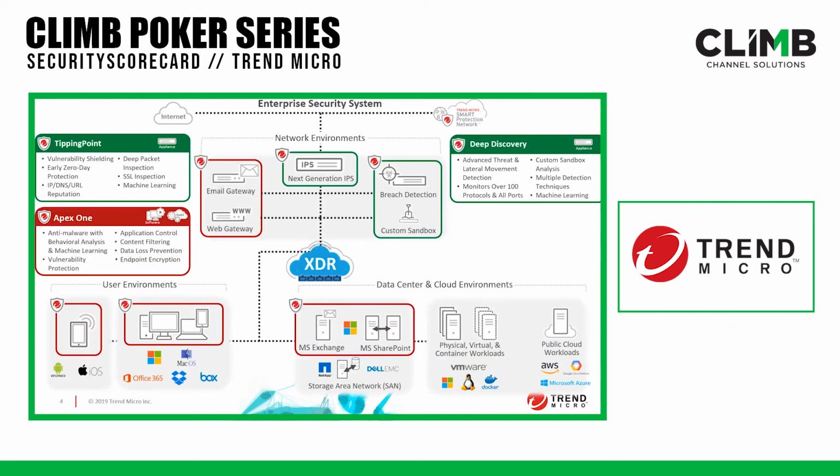We have Apex One, which is our endpoint solution, but our endpoint solution can protect email gateway, also web gateway. It also protects mobile devices, laptops, obviously, and desktops, which normal endpoints would do. We also have a strong Office 365 and Google Docs solution to help keep those protected, and also MS Exchange and MS SharePoint.